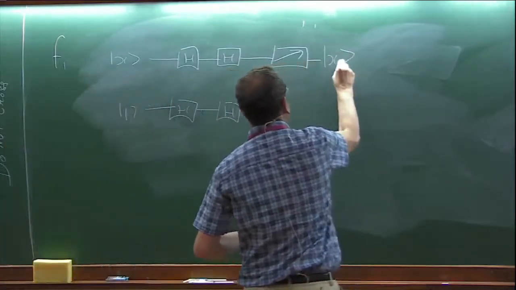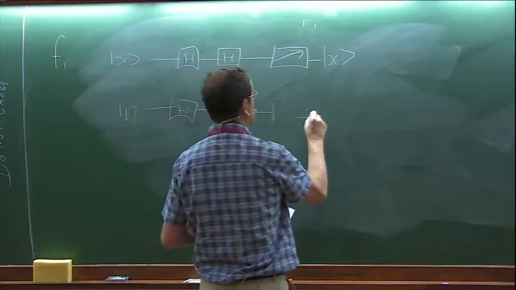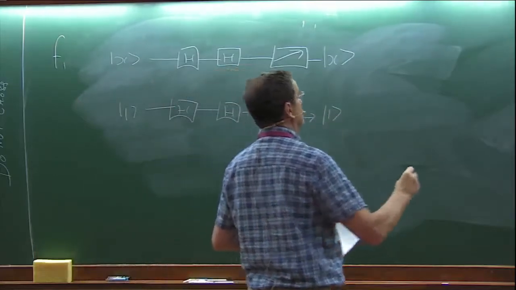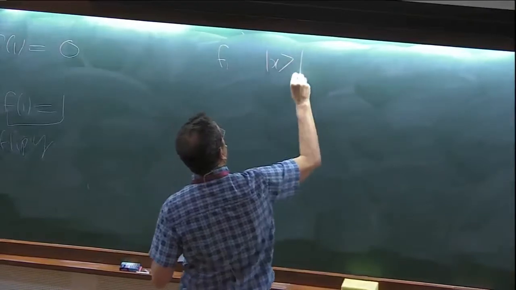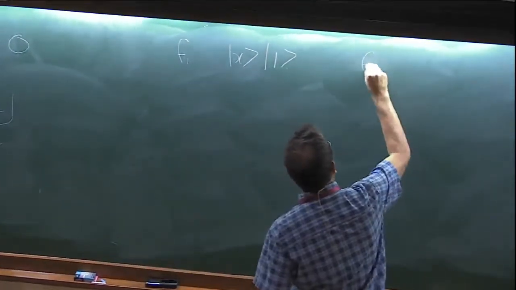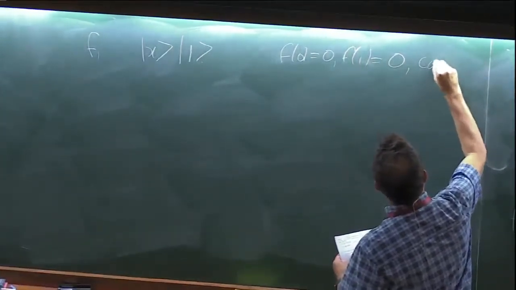So what we get out from the upper register is just x, and from the lower register is 1. So maybe we will make a list somewhere of the different outputs. So for F1, the measurement is we get x and we get 1. And this is for F0 equals 0, F1 equals 0. This is constant.